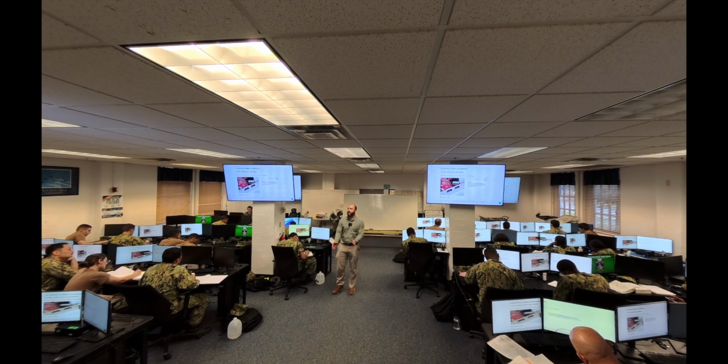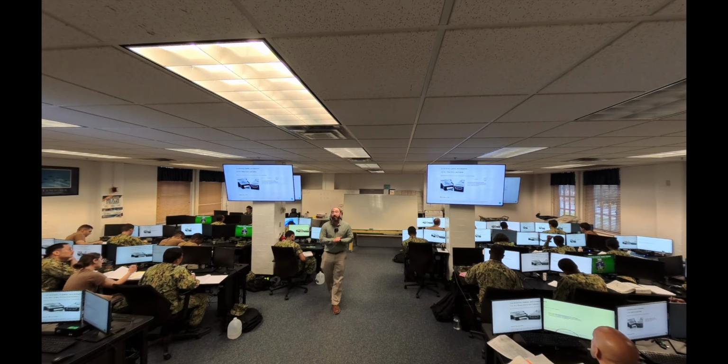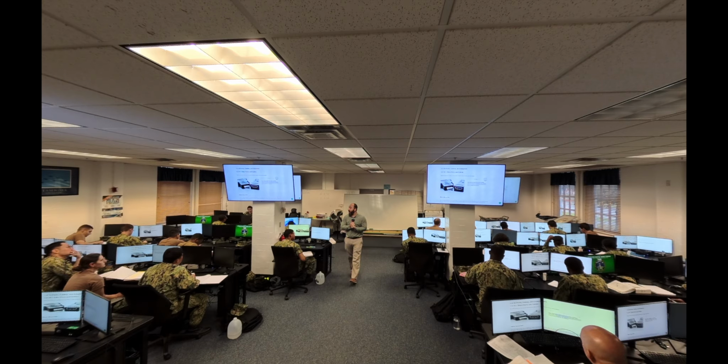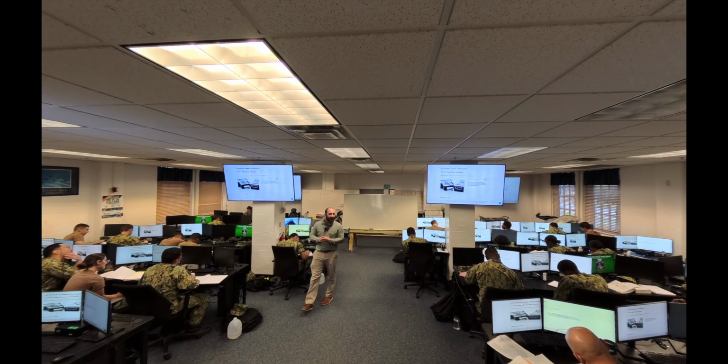Next, we have HDMI. Does anyone know what HDMI stands for? He either knew it or he read off the slide. Either way, great job. High Definition Multimedia Interface was originally developed for high definition televisions.